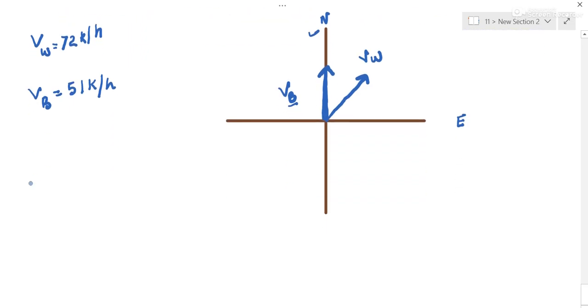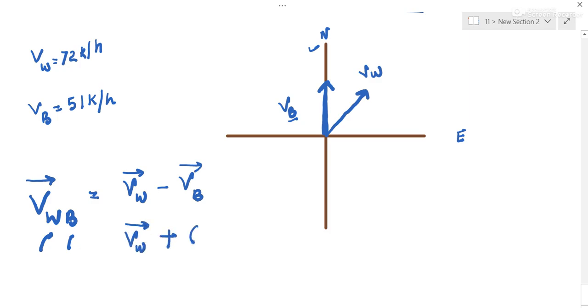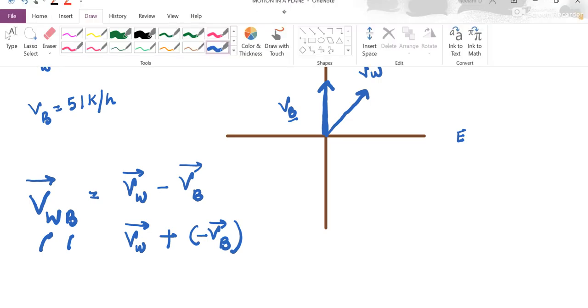The flag will flutter along the direction of the relative velocity of the wind with respect to the boat. This will be written as VW minus V boat. Now how to write minus V boat? VW, the velocity of wind as it is, plus minus the velocity of the boat. So that means we have to reverse the direction of the velocity of the boat.